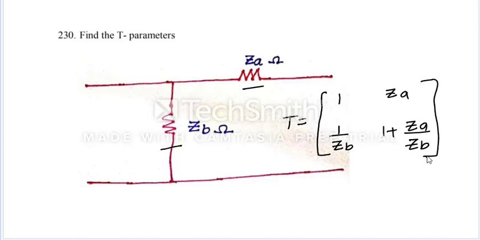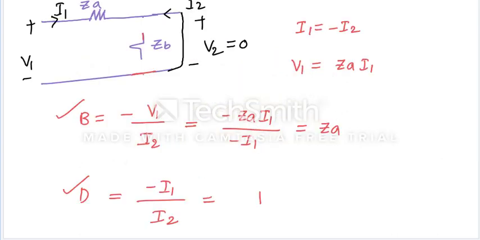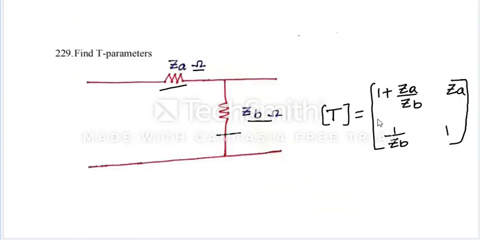Look at here. You can see the previous one and this one here. See this one, just A and D are interchanged, but B and C are the same. Only A and D are interchanged.